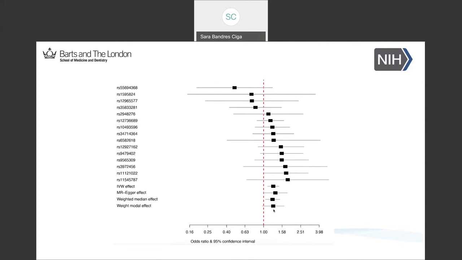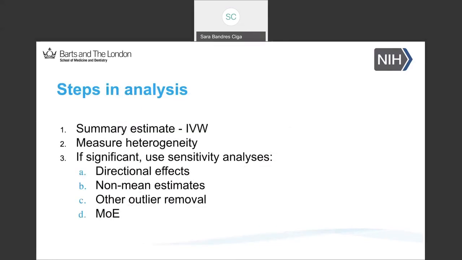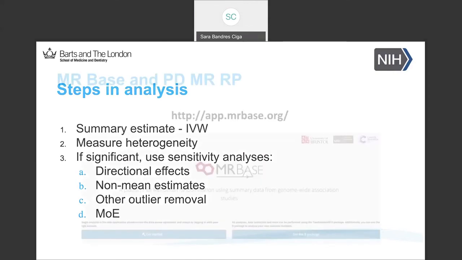That's reassuring: if there is some pleiotropy, it's at least balanced and not biasing the overall causal estimate. So I think Sarah's going to talk you through calculating an IVW estimate using a multi-SNP instrument, then measuring heterogeneity, and then, if that's significant, what you would do in terms of sensitivity analysis to try and detect those directional effects.